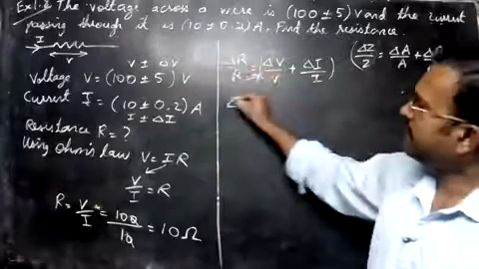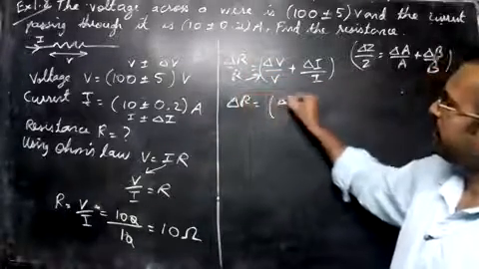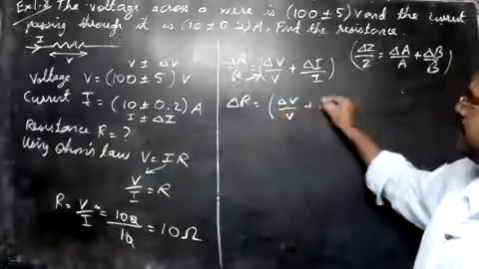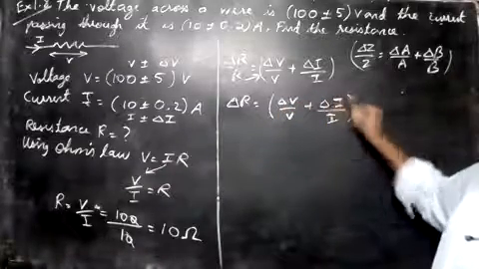We get delta R is equal to delta V by V plus delta I by I, into R.